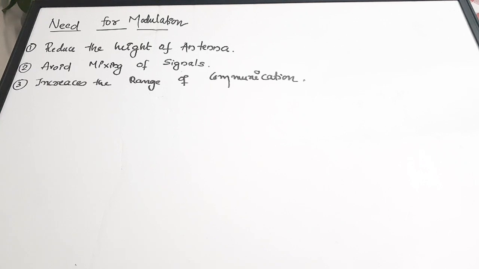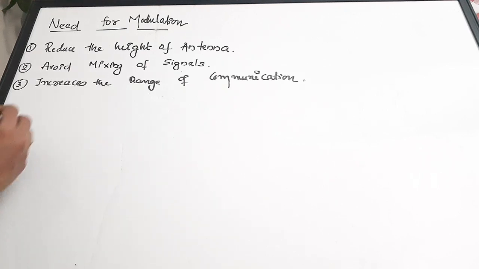They will fade away, or they will not reach your far away destinations. But when we are using higher frequency waves, that is, carrier waves of higher frequencies, they can travel longer distances, and the range will be comparatively more. Okay, so that is the third requirement. That is, we can increase the range of communication.